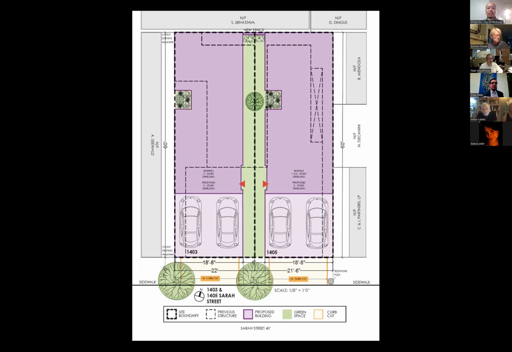So you could see the impact this building would have in relation to what was there originally. Those small dash lines were the building that I believe burned down in the fire. On each lot you can see that, and then what's over top of that is what's proposed.